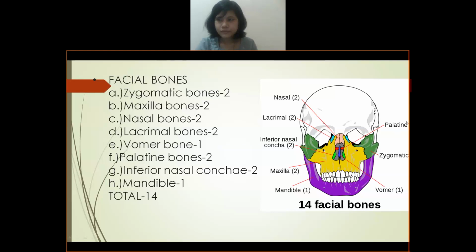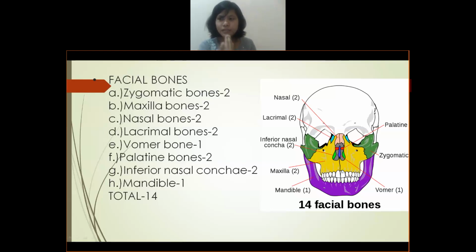You can even feel it, you can even touch it. So this is your zygomatic bone. Understand? And next is maxilla. Your maxilla is here.